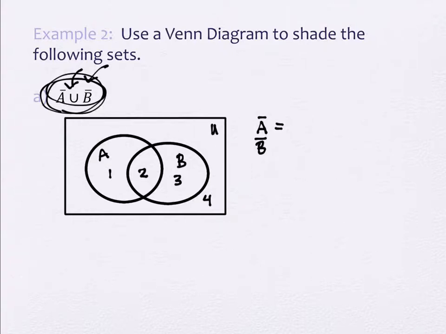Close. 3 and 4. Just 3 and 4. So complement means everything that's not in, in this case, A. So 2 doesn't get included because it is in circle A, right? But 3 and 4 are not, so we're going to write down 3 and 4. B complement. What numbers are not in B? 1 and 4.